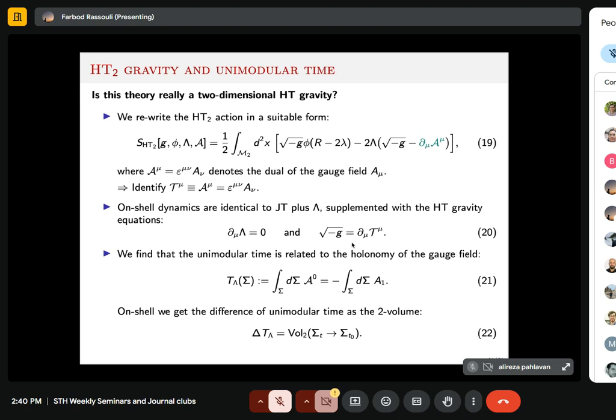And from a holographic point of view, you have to assume and impose that any gauge symmetry, diffeomorphism and U1 gauge symmetry, does not change this equation.